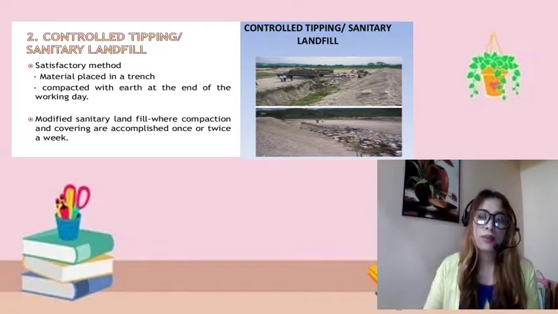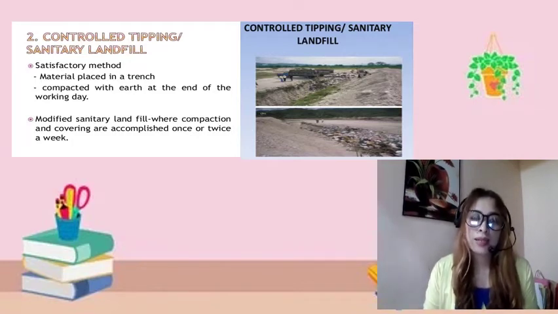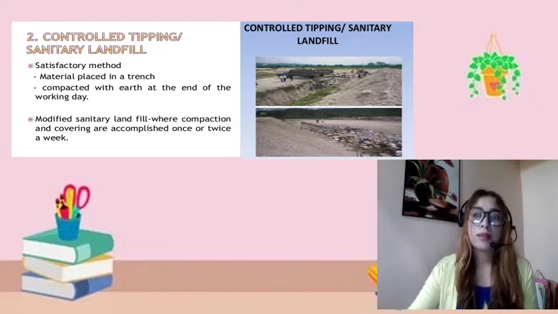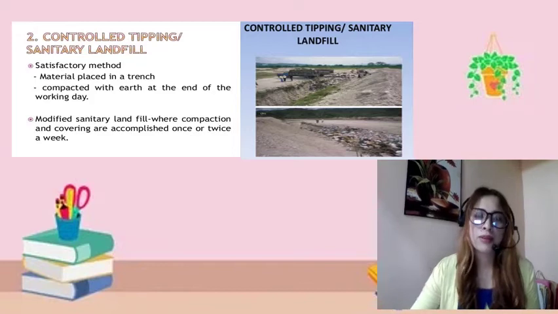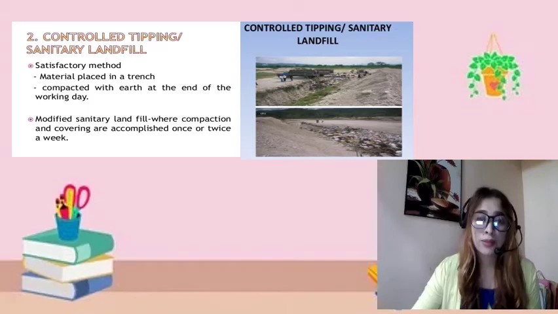They try to cover it, and the compacted materials are covered once or twice a week. You can choose whether it's on a daily or weekly basis. But if waste is not segregated properly and everything is thrown in one place, that could also destroy the quality of the soil.